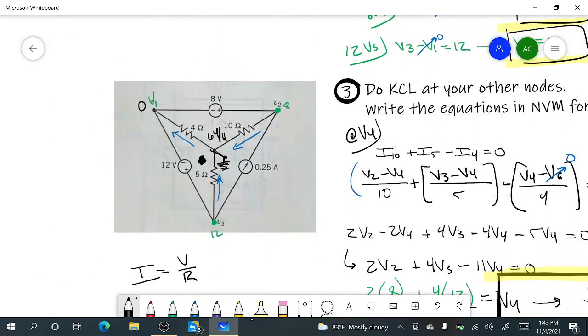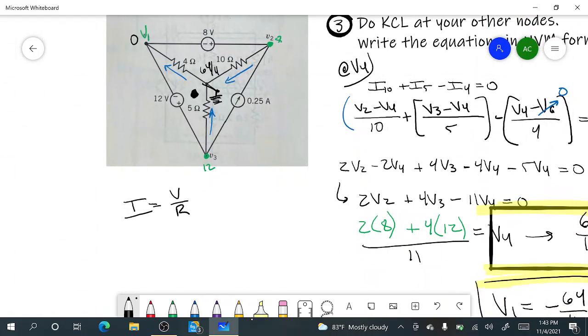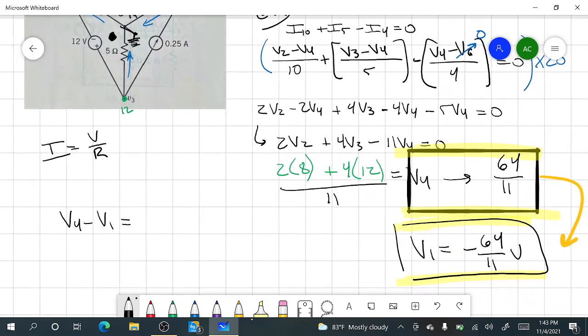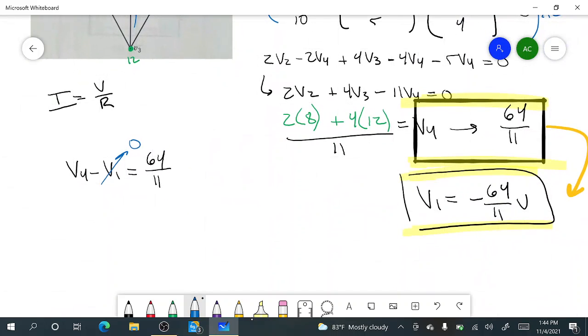Remember when I had the ground on the V1, then my 64 over 4 would have been read like this. It would have been V4 minus V1 equals, and I know that that would have been 64 over 11. So in the first case, my V1 was 0, so I get V4 equals 64 over 11.